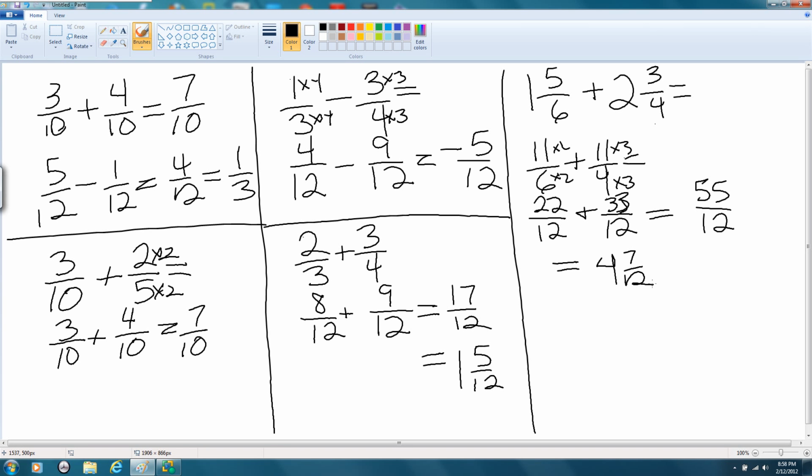Now, we're going to learn later that with multiplication and division of mixed numbers, you have to convert to an improper fraction like we just did. With addition and subtraction, you don't have to. You can add the whole numbers here, 1 and 2, together separately, and then add the fraction parts.